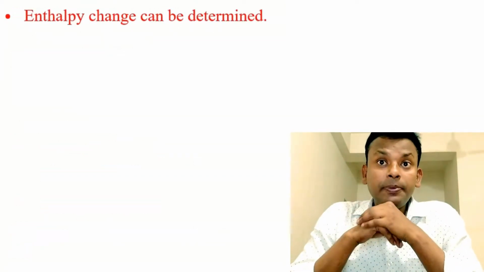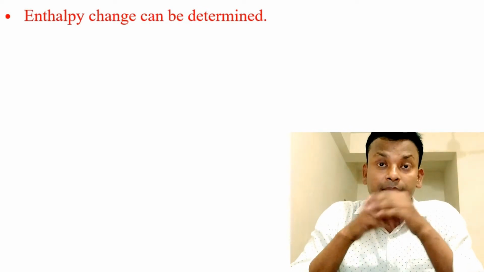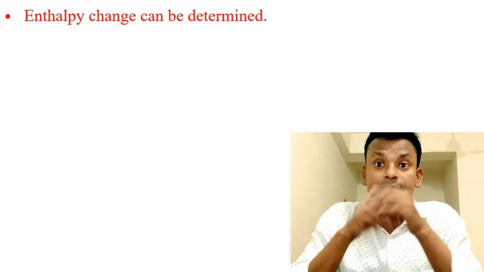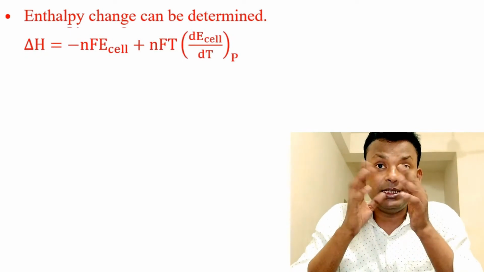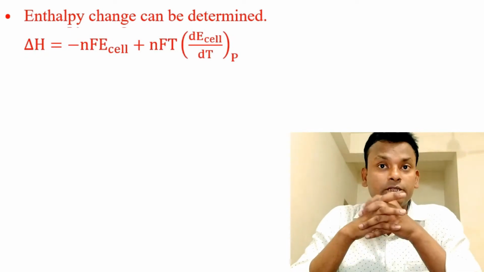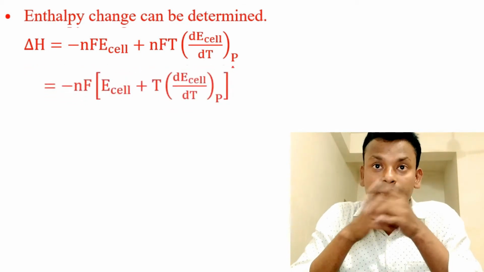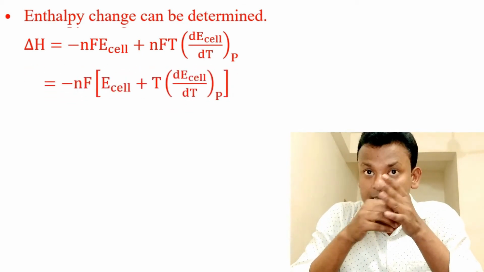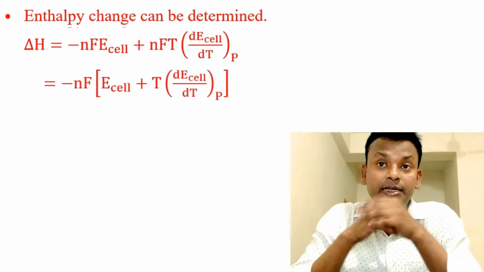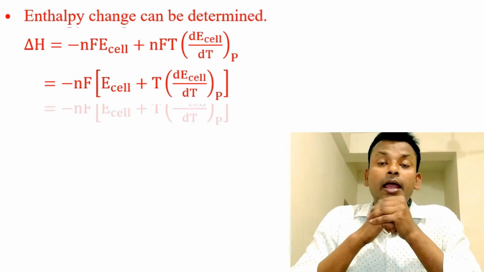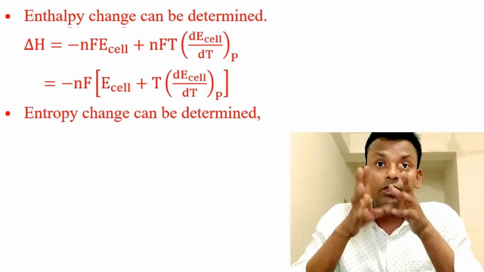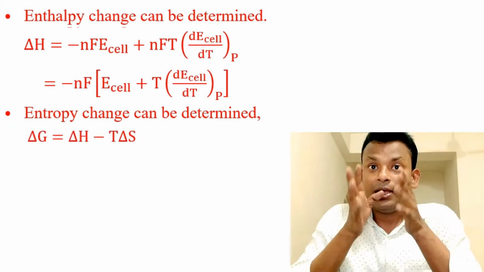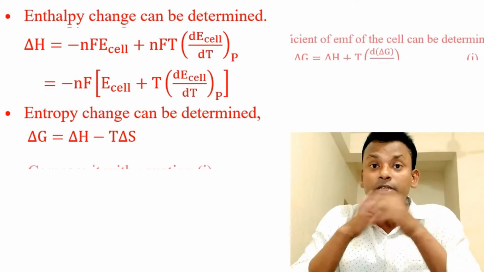Next, enthalpy change can be determined, that is del H equals minus nF E cell plus nFT dE cell/dT at constant P. So, minus nF E cell plus T dE cell/dT at constant P. And entropy change can be determined: del G equals del H minus T del S. Compare with equation 1.